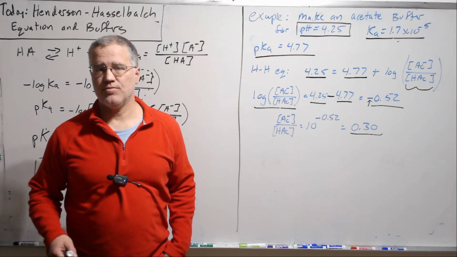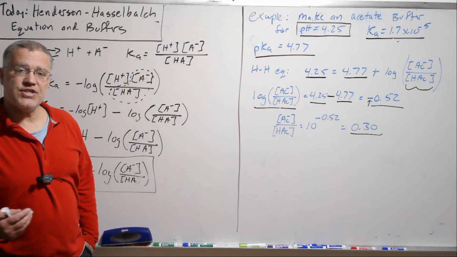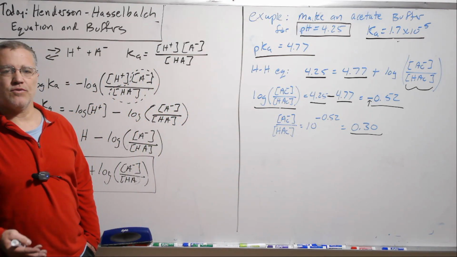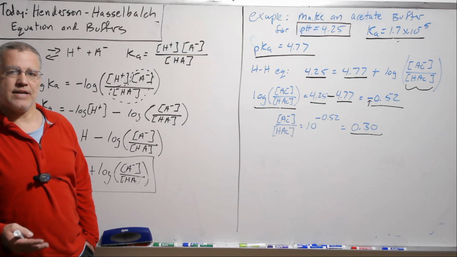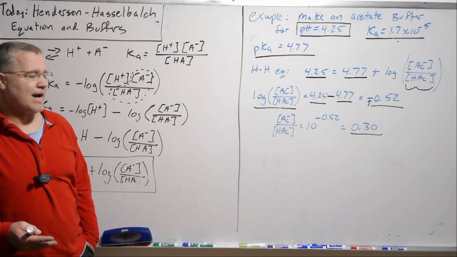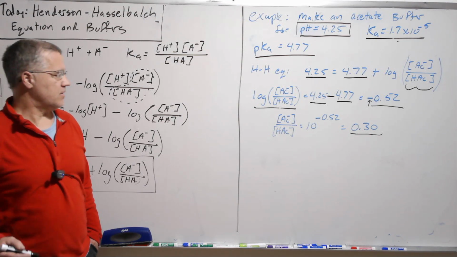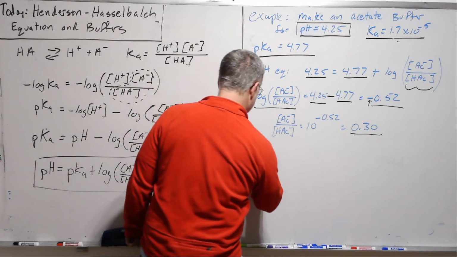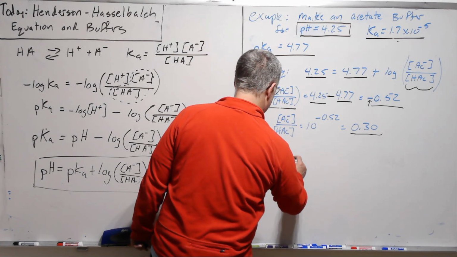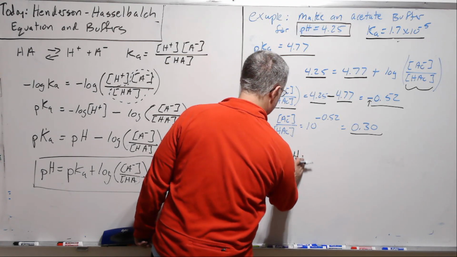Now this just gives us the ratio. So the Henderson-Hasselbalch gives you the ratio, and then you decide, based on your requirements, how you would make this buffer in terms of the absolute values. So let's say you had 0.1 molar acetic acid sitting around.